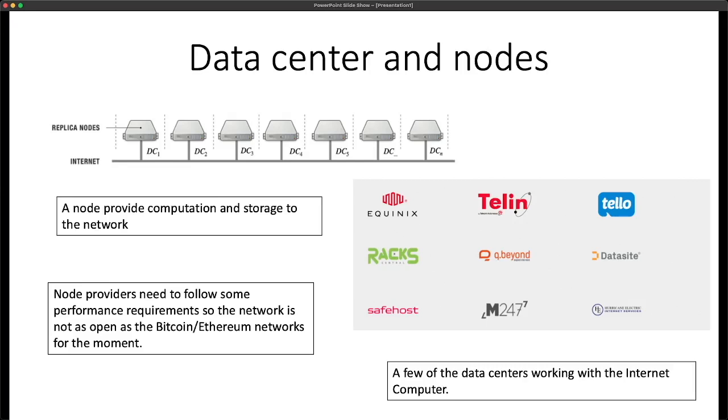But this is going to change, and in the future, as the network grows older, more efficient, and more resistant, there are plans to open the network to as many people and as much infrastructure as possible. And here's a list of the few data centers that are currently working with the Internet Computer.